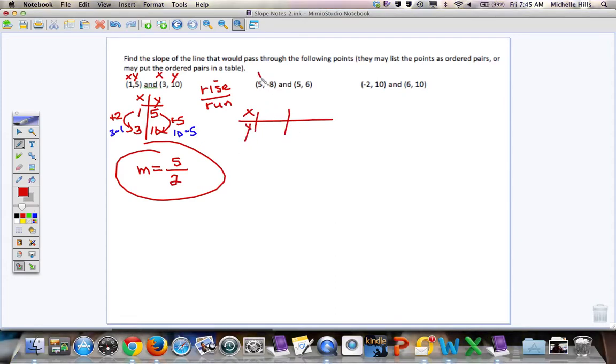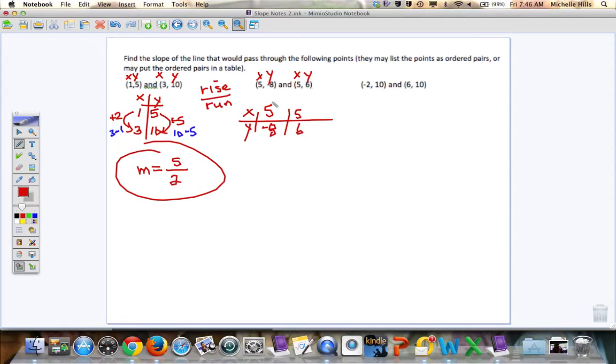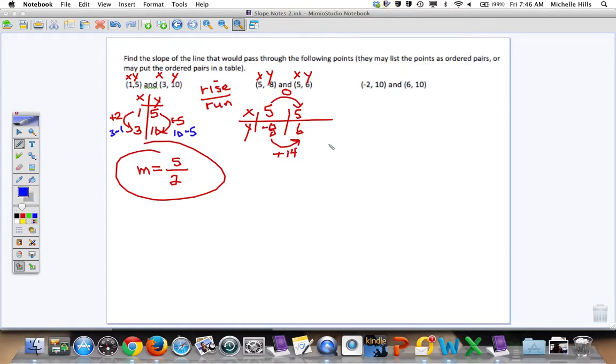When x is 5, y is negative 8. When x is 5 in this point, y is 6. My x from 5 to 5, there's no change. My y from negative 8 to positive 6, there's a change of positive 14. Again, as a reminder, I could have gotten that by 6 minus my negative 8, which gives me positive 14.